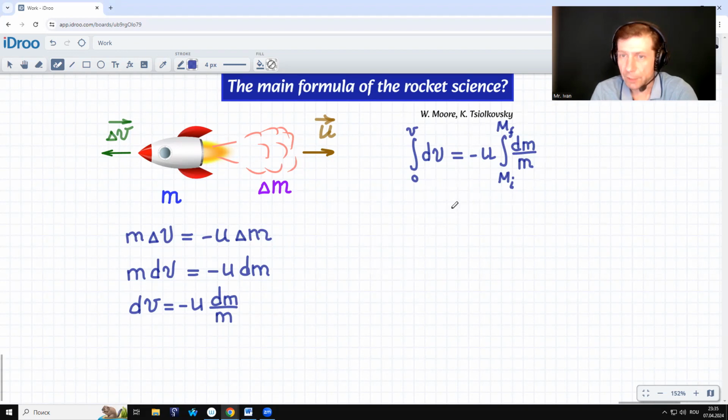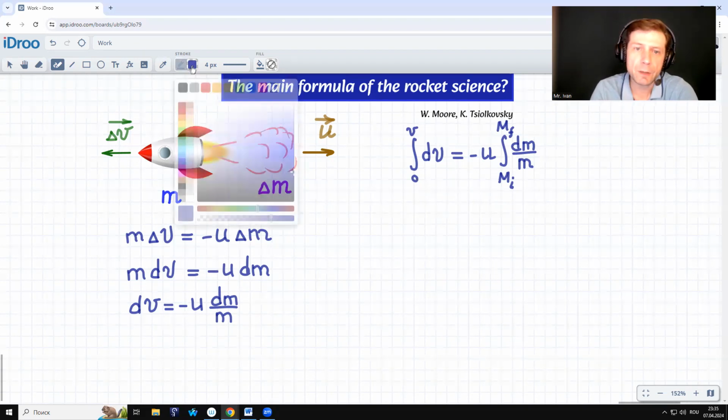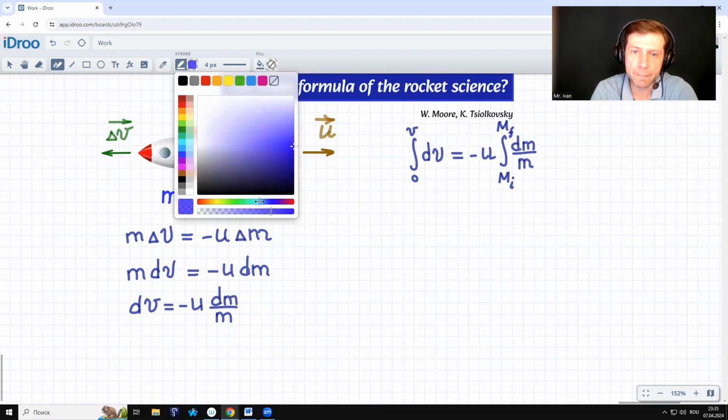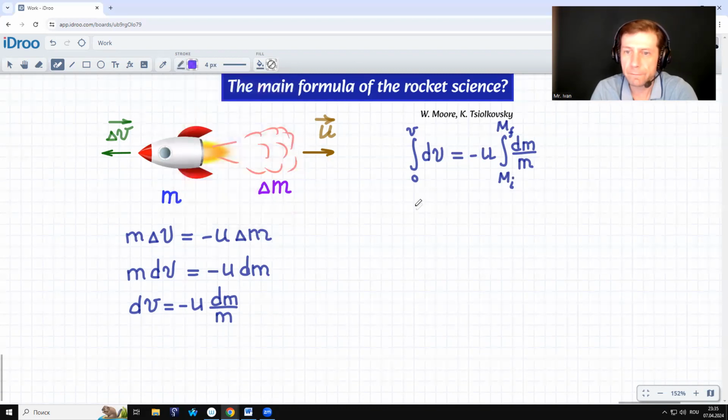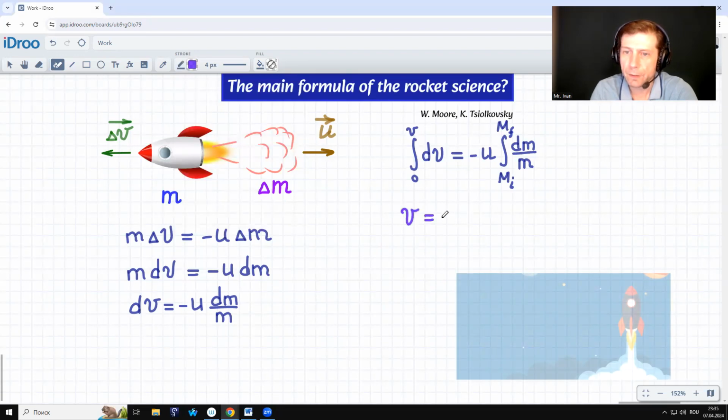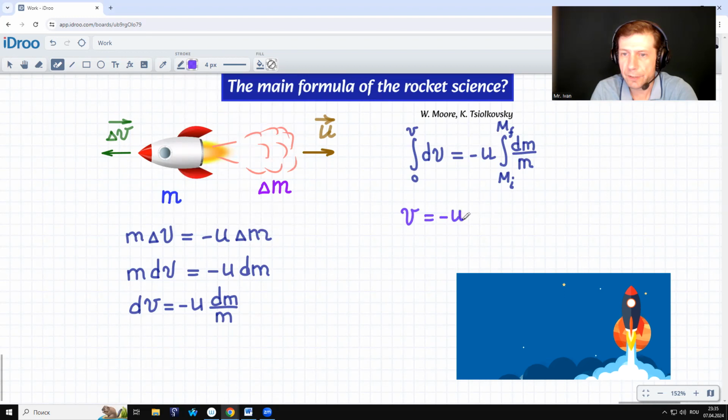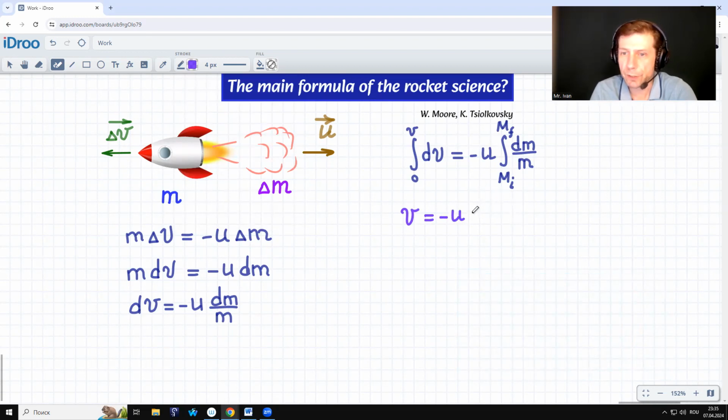Integrating this on the left-hand side, we'll receive, simply speaking, v, the achieved velocity. Then negative u. This integral basically is a natural log. So we could say this is the natural log of m, counted from the initial mass to the final mass, like this.